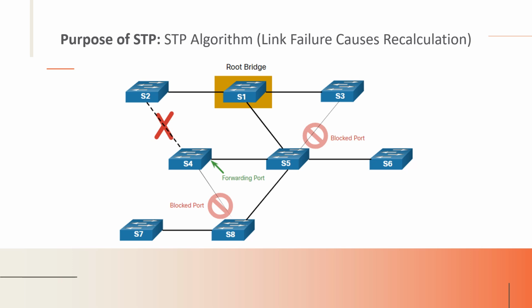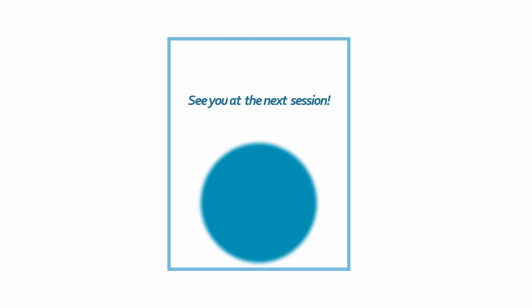The switches running spanning tree protocol are able to compensate for failures by dynamically unblocking the previously blocked port and permitting traffic to traverse the alternate paths. And that was all about the spanning tree concept and the purpose of using the spanning tree protocol.